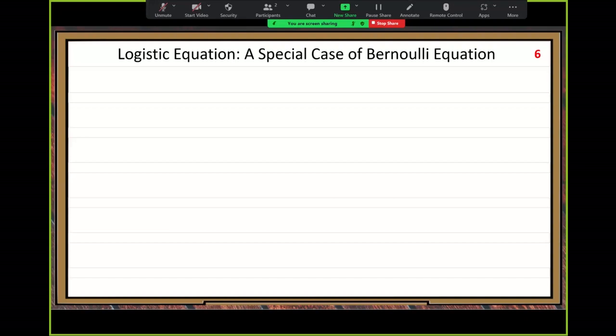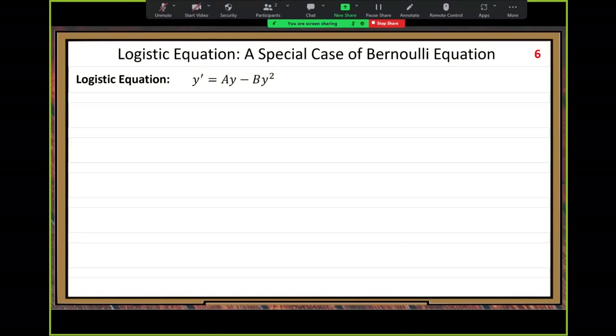Then, next, the logistic equation, a special case of the Bernoulli equation. What's the logistic equation? A French mathematician studied some special type of questions and derived this equation: y prime equals a constant times y minus b constant times y squared.